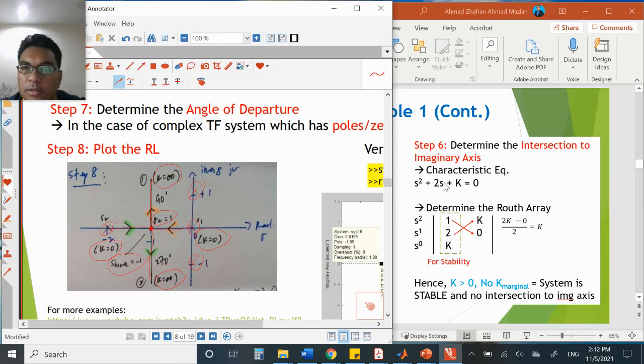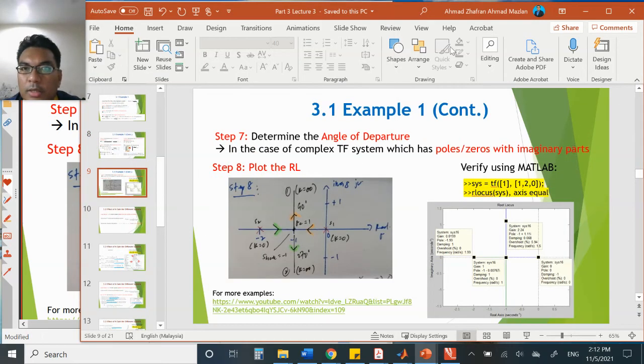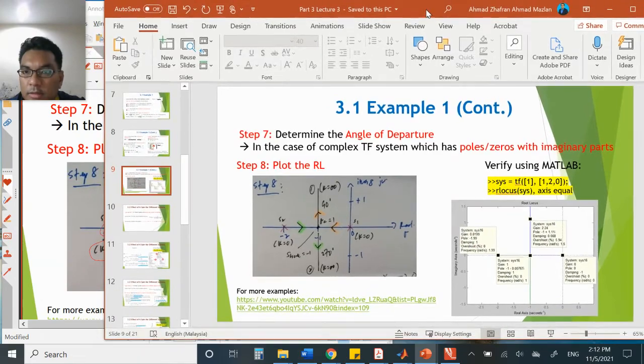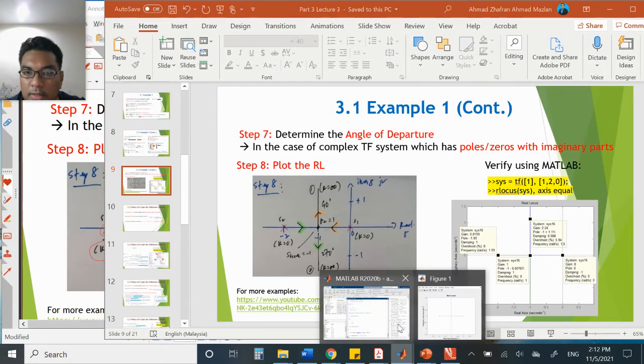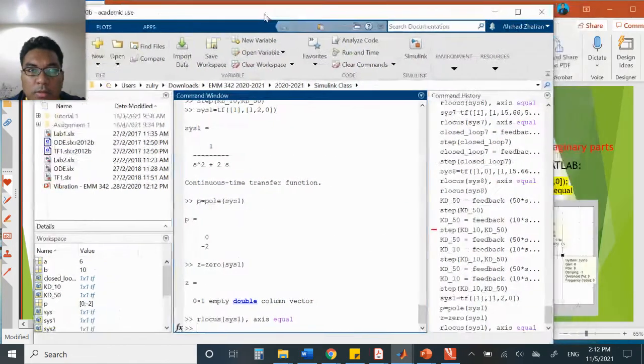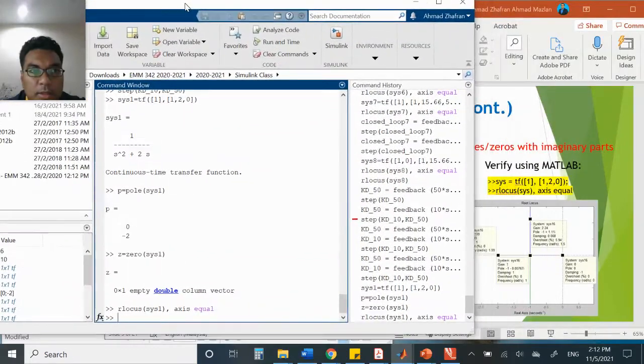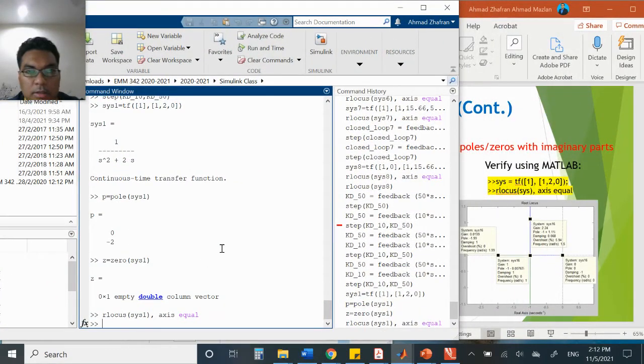As usual, you can always verify it using MATLAB. Let's try. For this one, I have actually already done it, I just recall it. The transfer function is 1 over, and the below part is 1, 2 and 0.